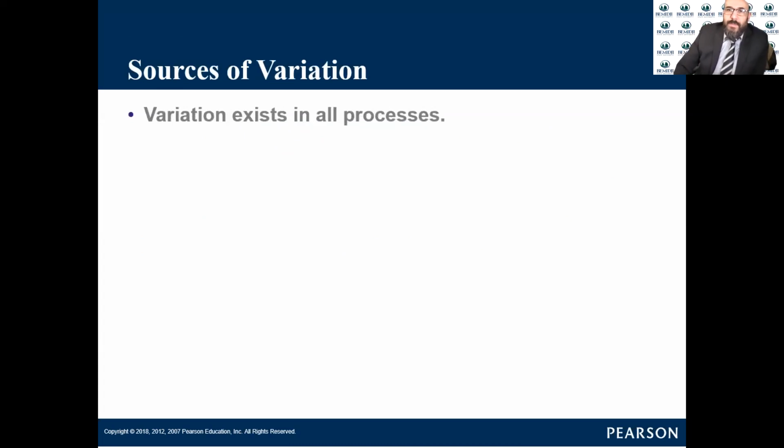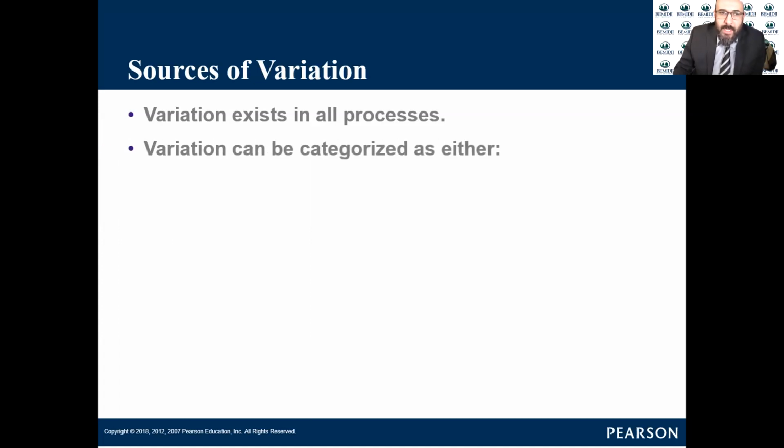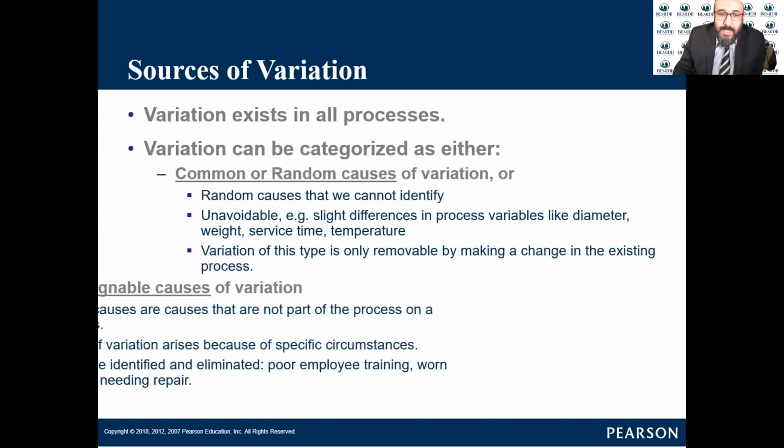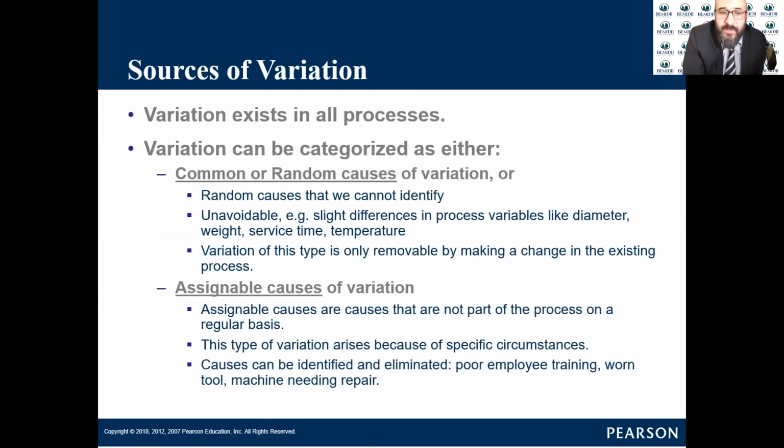Before we start talking about the control charts, let's talk about variation. There are several types of variation that we talked about earlier, but as a reminder, there are common cause variation and assignable cause variation. Common cause variation comes from the random nature of the process. You can't avoid it.